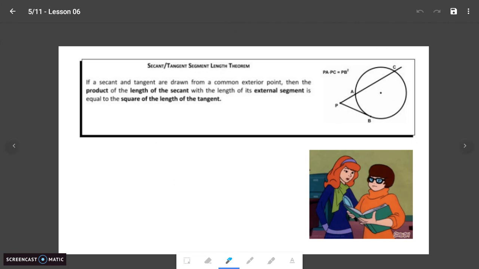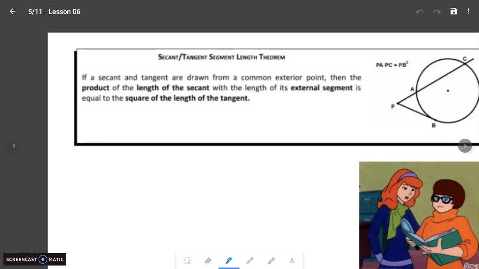If we have a secant and a tangent that are drawn from a common exterior point, then the product of the length of the secant with the length of its external segment is equal to the square of the length of the tangent. Basically, it's still outer times whole, because it's still the secant, but look at a tangent.